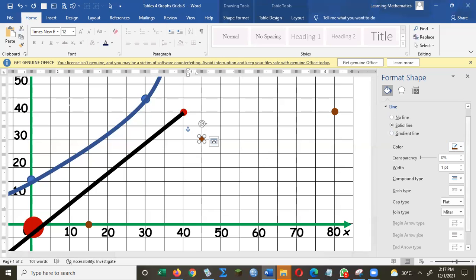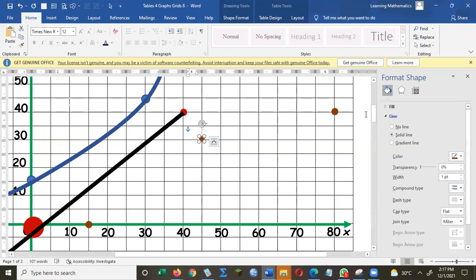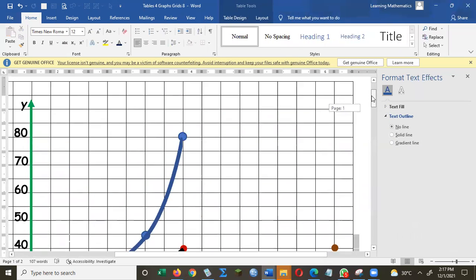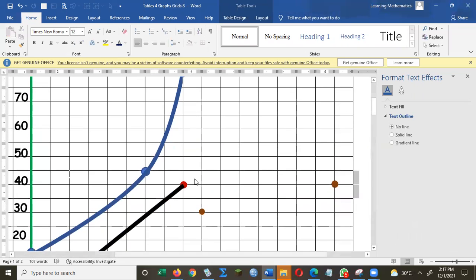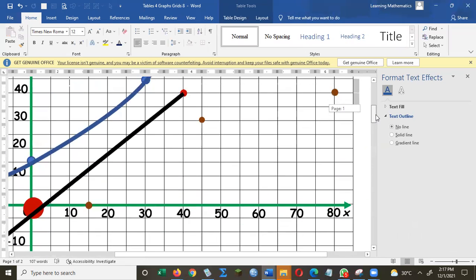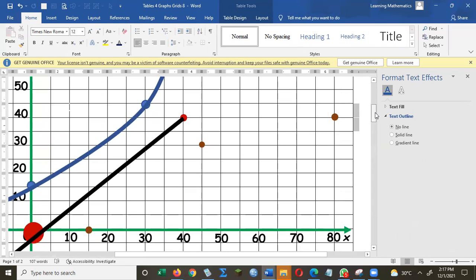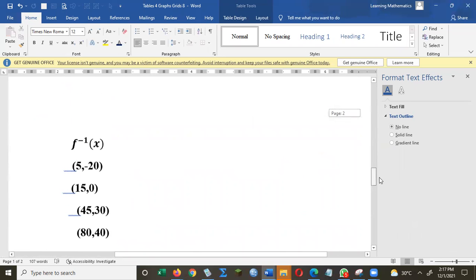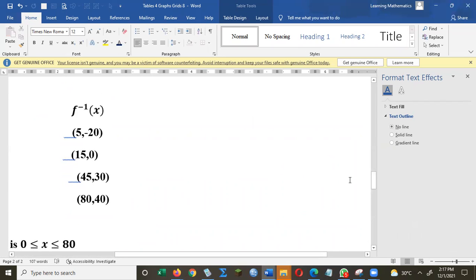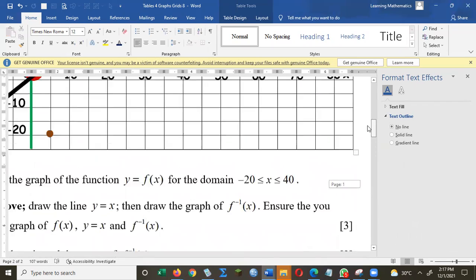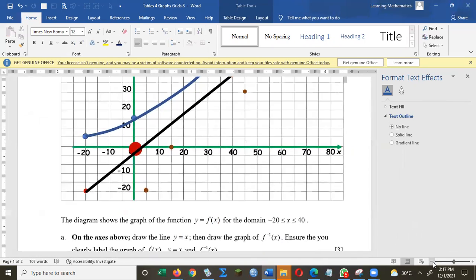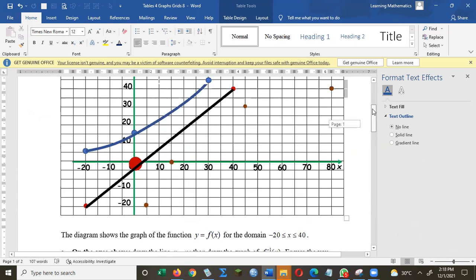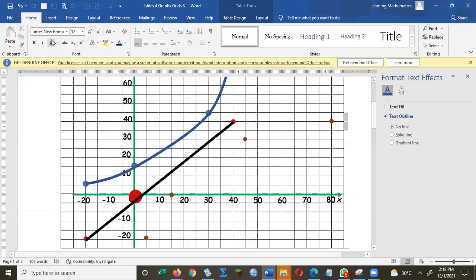The next point on the curve we see is 40, 80. 40, 80 becomes 80, 40. And here you have it. These are the points for the inverse, and then you just join those points, and you're going to get a reflection of the function itself.